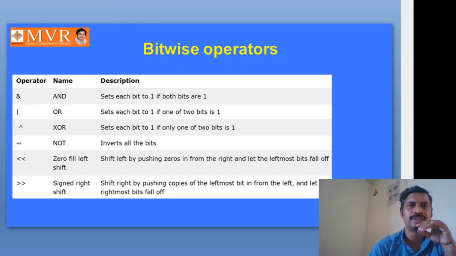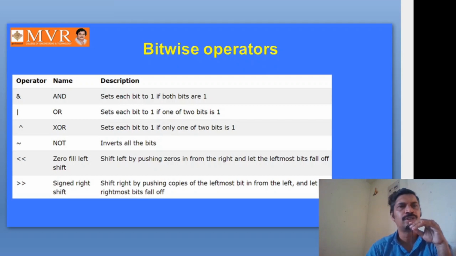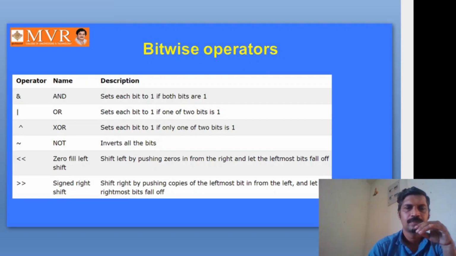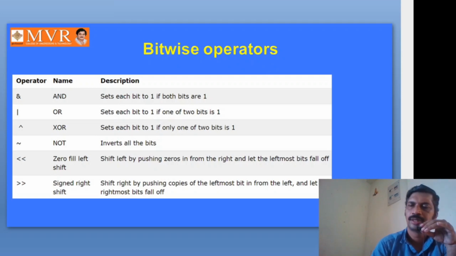Next, fourth bit, 1 or 1, 1. What is the value corresponding to 1011? The 1011 is 11. If we perform the operation 3 or 9, we will get the value 11.